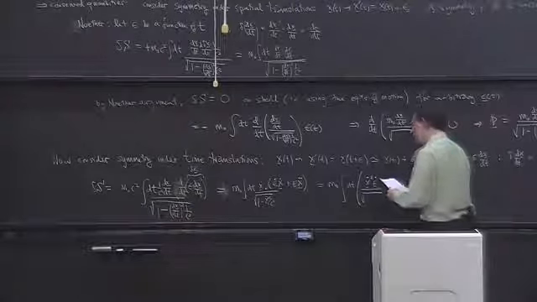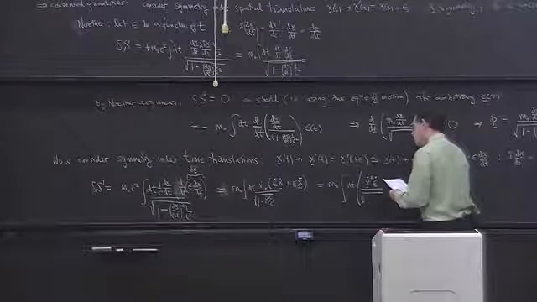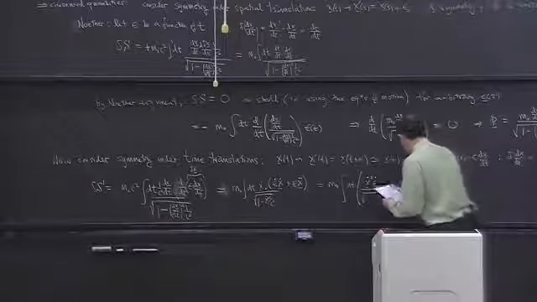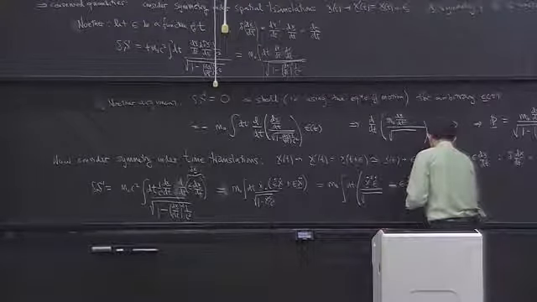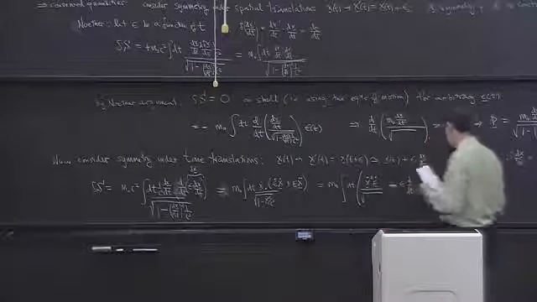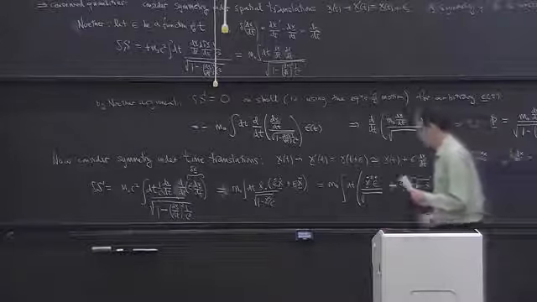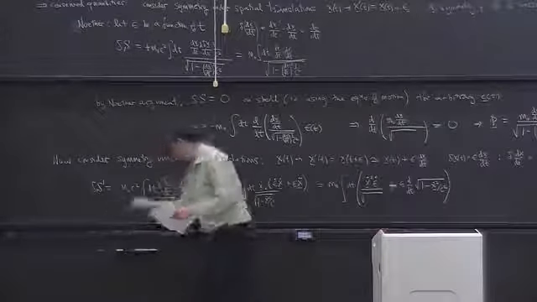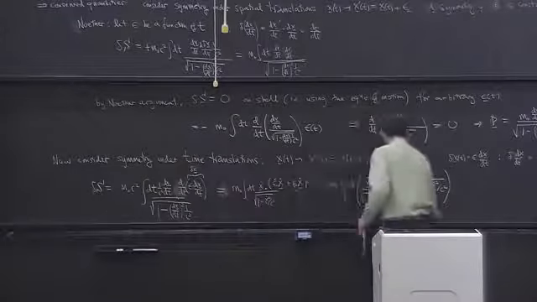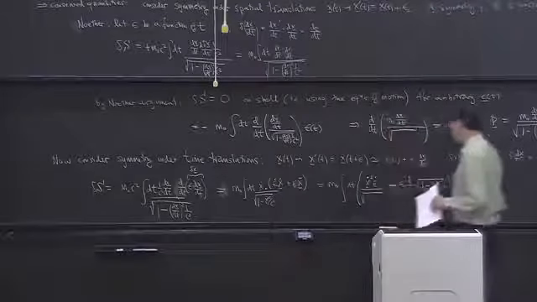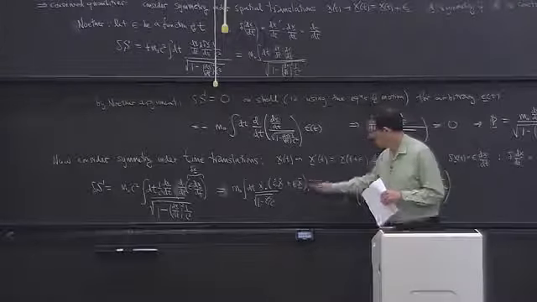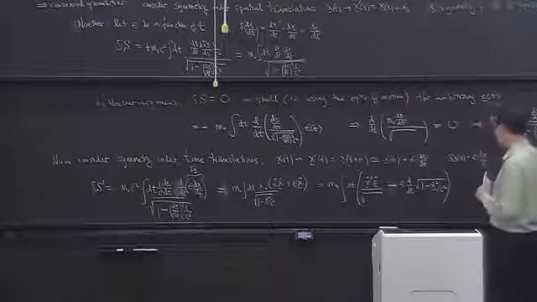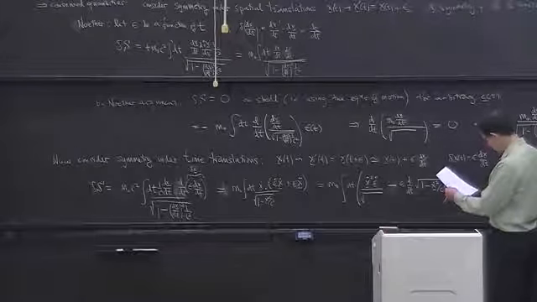That should have a minus sign, minus epsilon d by dt of the square root of 1 minus x dot squared over c squared. Let's just pick that up. Okay, because if I differentiate this thing, I get x double dot, I probably need a c squared in there.